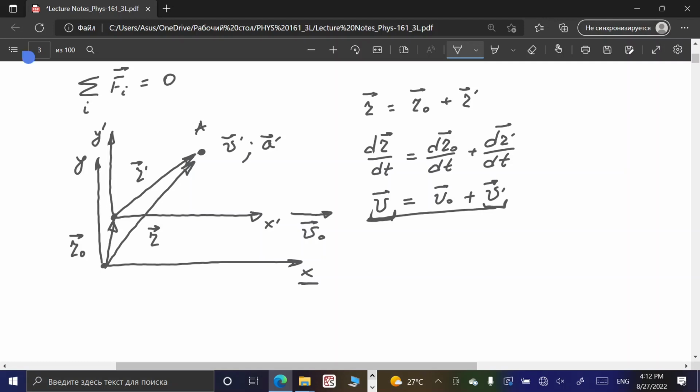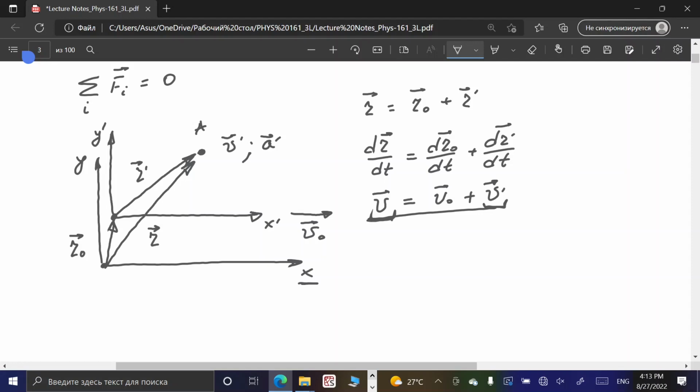So these velocity vectors which describe motion of object A with respect to stationary and mobile system of references, they are different. And that means that velocity vector is a variant parameter, means parameter which changes when we go from one inertial system of reference to another inertial system of reference, depending how they are moving with respect to each other. However, that's not true for such parameter as acceleration.